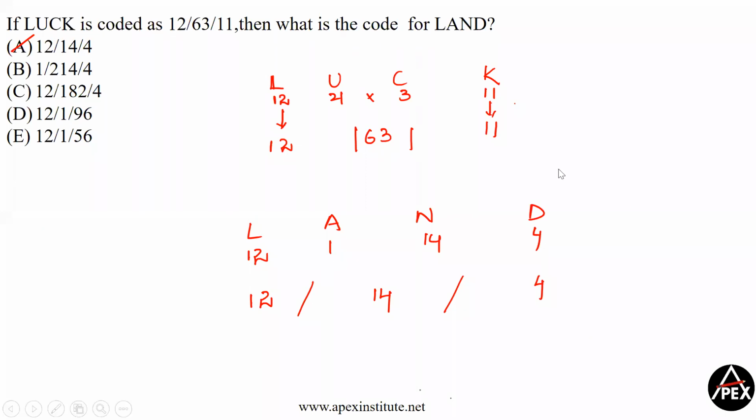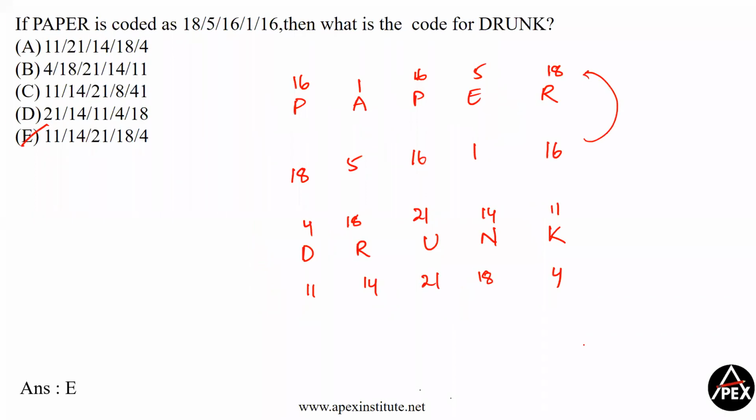Clear guys? Any doubts still here? Any doubts? Quick responses. Which question? This question? Okay. So here, the numbers corresponding to these alphabets are reversed.